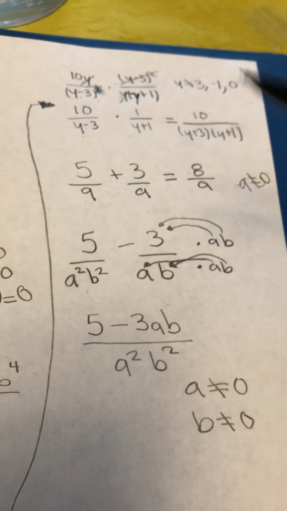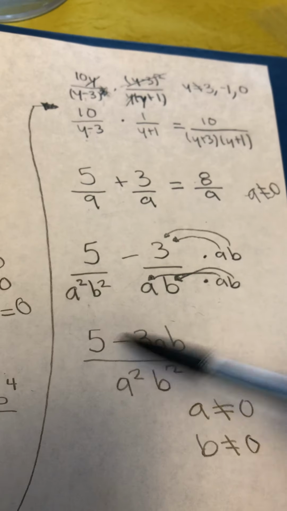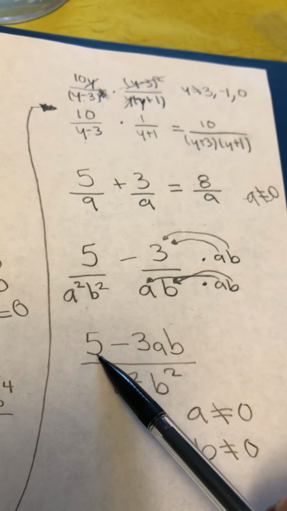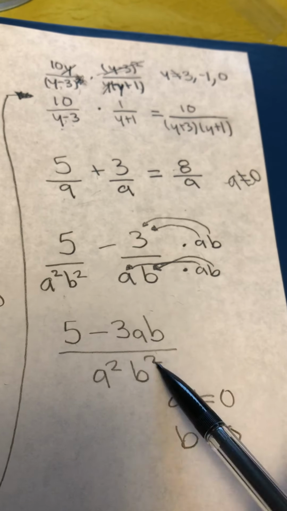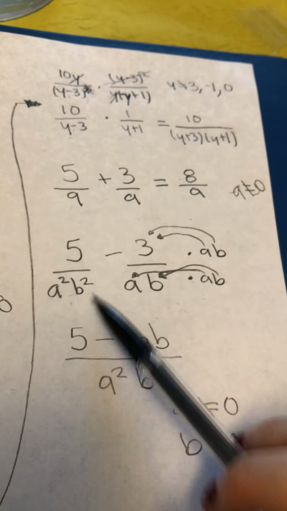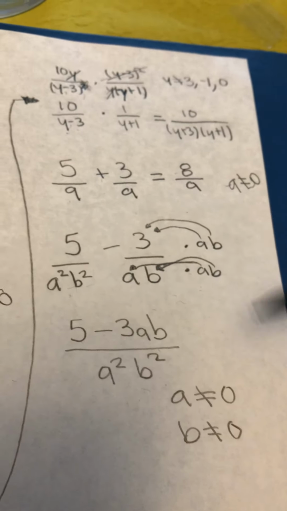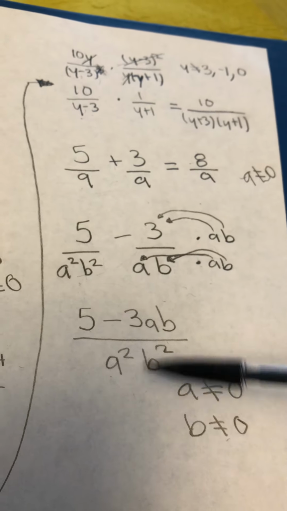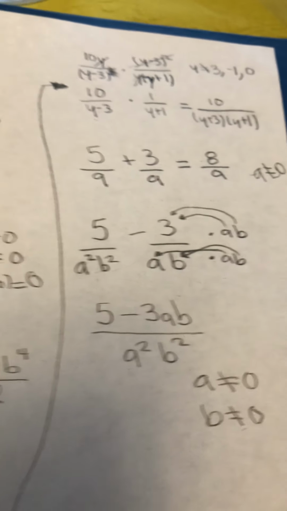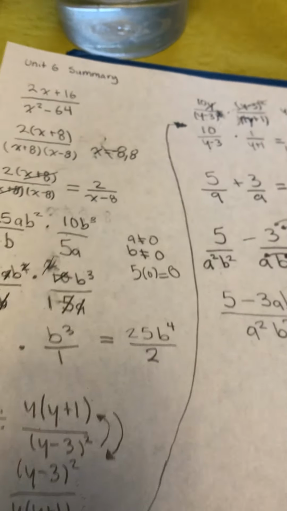But whatever I do to the bottom, I have to do to the top. So I did that, and I would be left with 5 minus 3a and 3b over a squared b squared. That's the answer, and my non-permissibles are a can't equal 0, nor can b. And yeah, that's my Unit 6 summary.